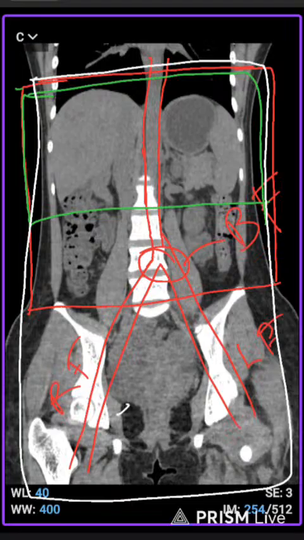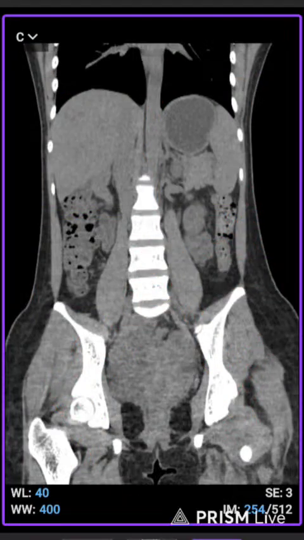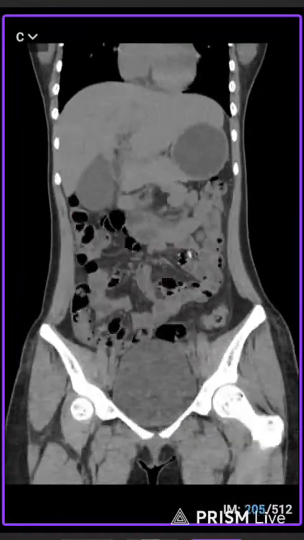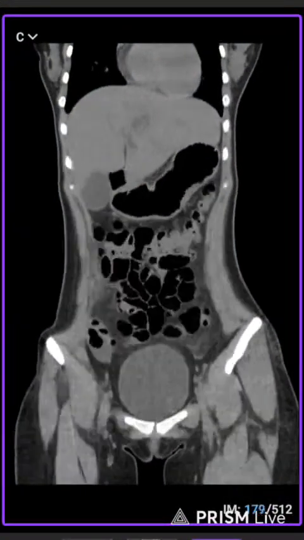You do a 5 to 7 minute delay for the kidney, or for delayed enhancement if a liver tumor is like a hemangioma.